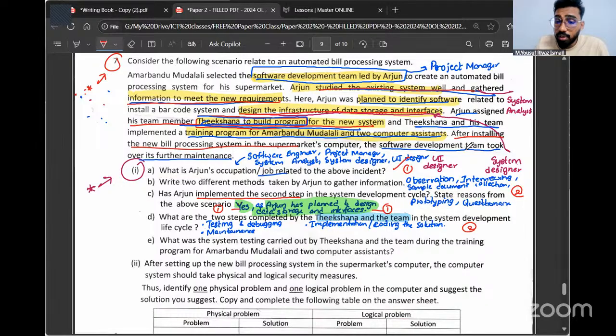If they say the software development team did the installing, then your answer is correct for deployment. But here they have said after it was installed, after that was done, then only the software development team took over. After that, they took over it. That means before that, it was not with them. Before that, it was with another team. After the deployment team finished, now the project came back to the software development team. So therefore, deployment is wrong.